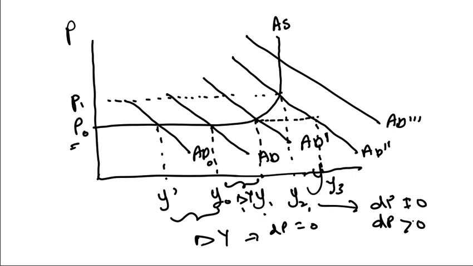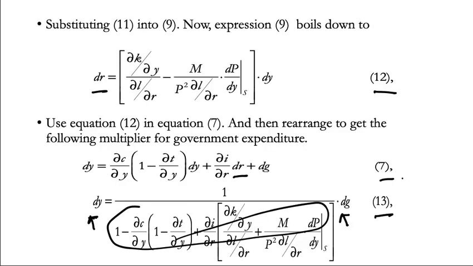Hence, the government spending multiplier is actually as in expression 13, because dP over dY exists. dP gives effect on dY. In other words, change in price gives impact on change in Y. What kind of impact?